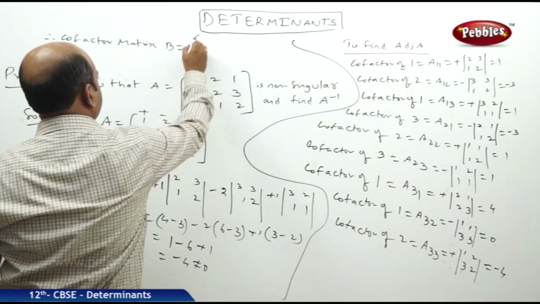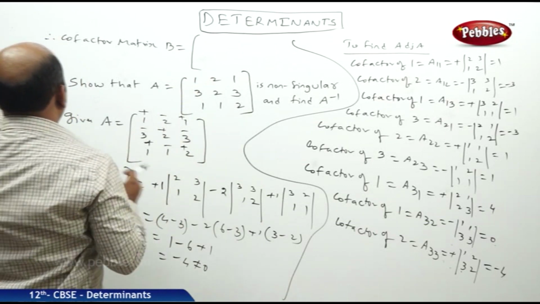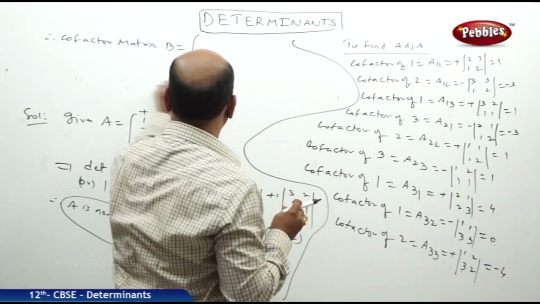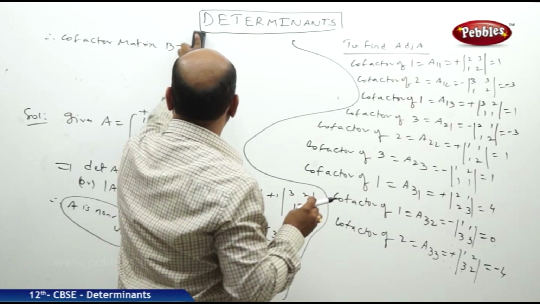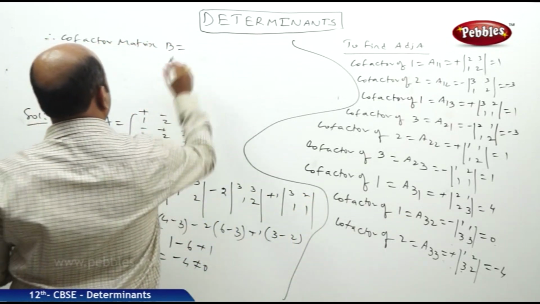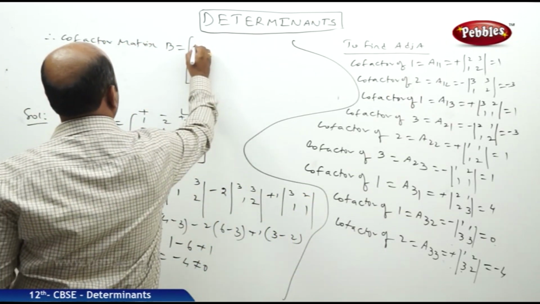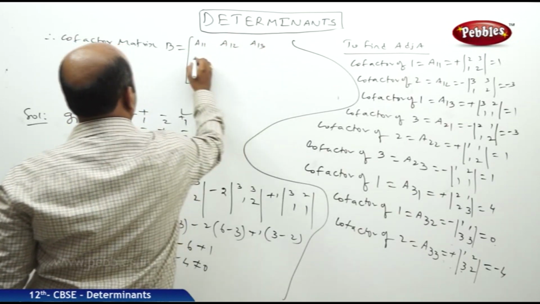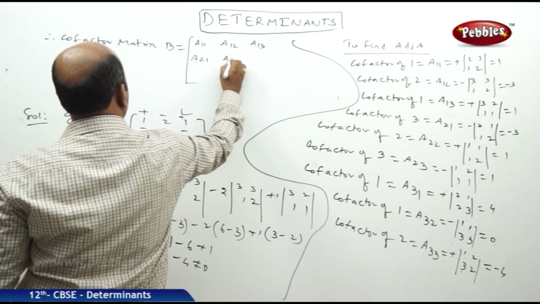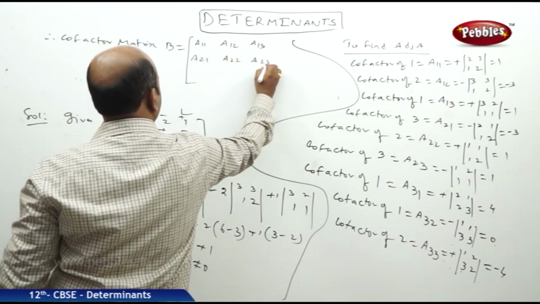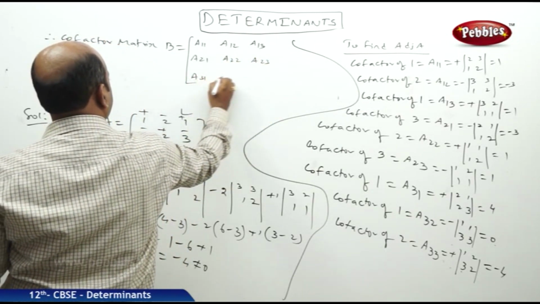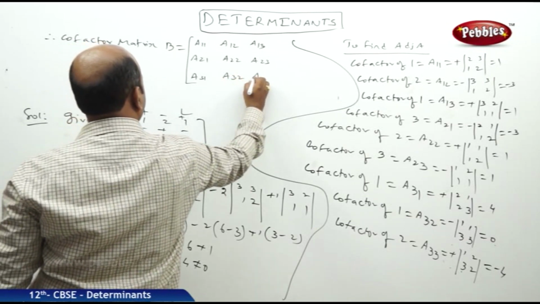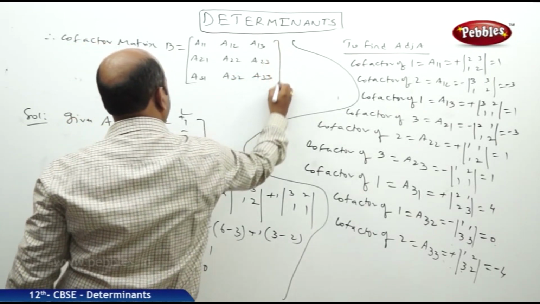That means how we will be getting it, we just need to write like this: A11, A12, A13, A21, A22, A23, A31, A32, A33.